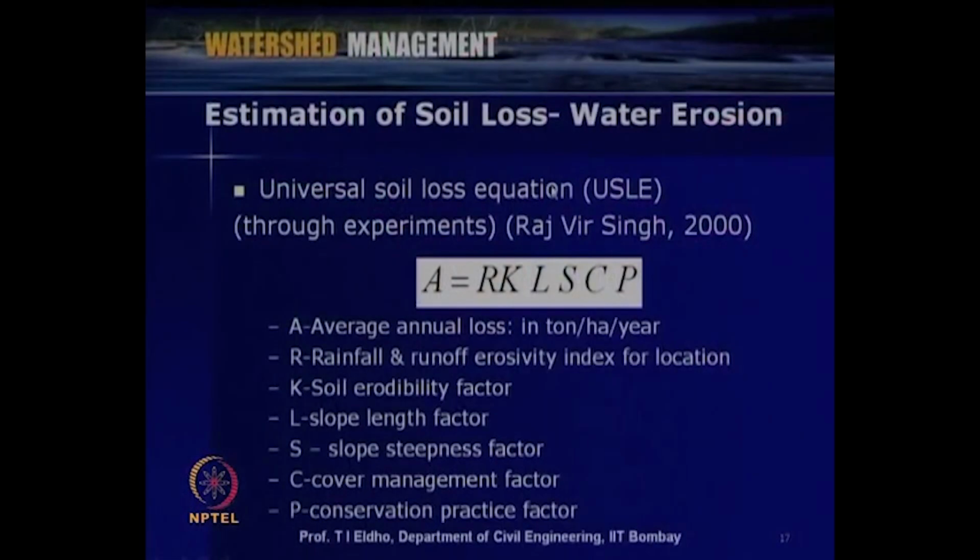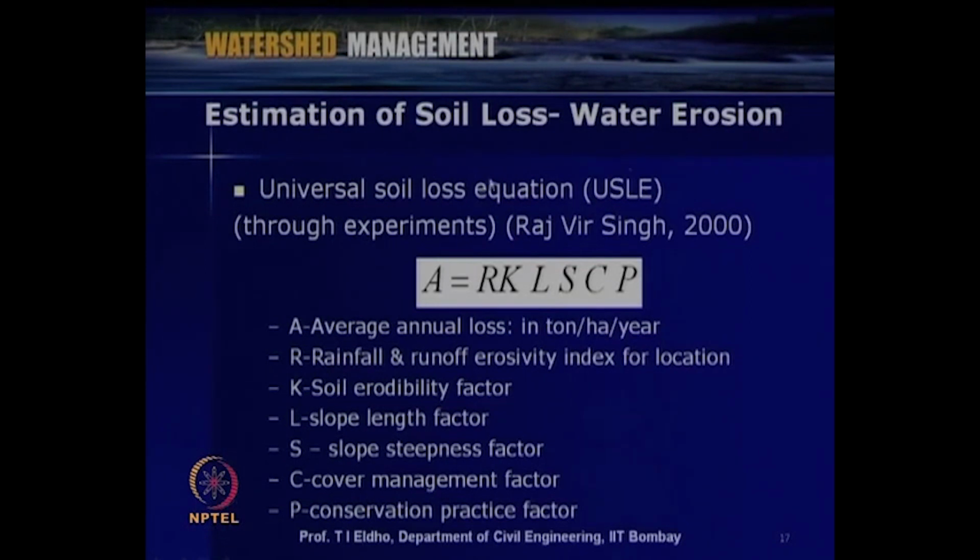One of the commonly used equations is called the universal soil loss equation. Out of the many methodologies available, we will be briefly discussing this commonly used equation. This equation has been developed in the United States through a large number of experiments.